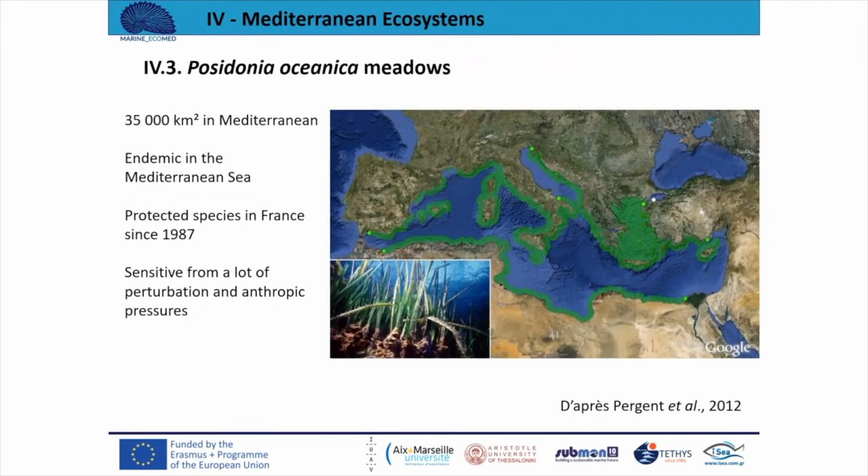The total surface of Posidonia oceanica meadows in the Mediterranean is around 35,000 square kilometers. It is present everywhere in the littoral except close to the mouth of the great rivers such as the Rhône and the Nile rivers.